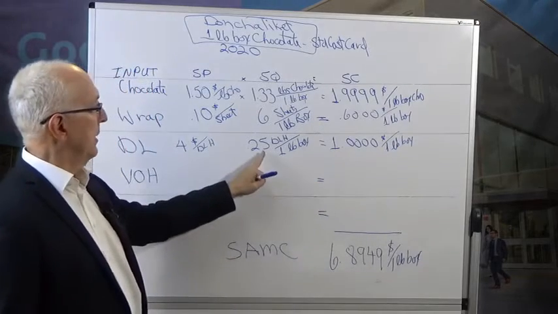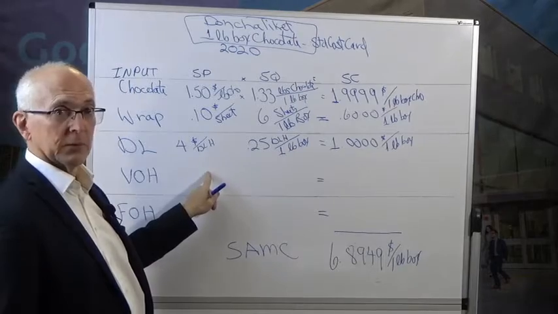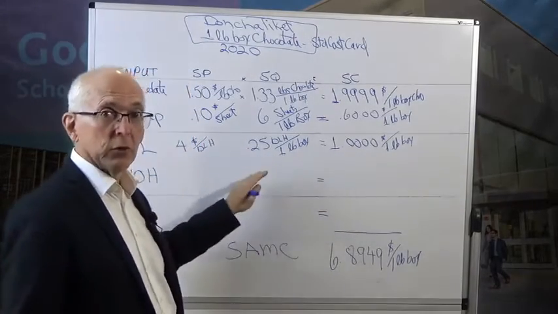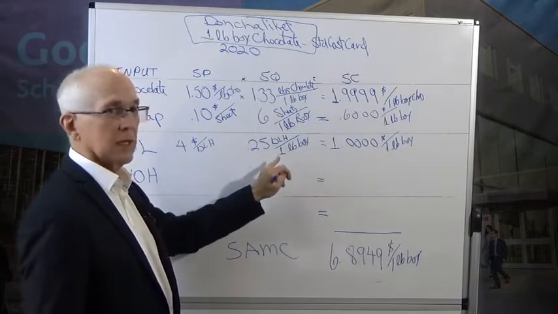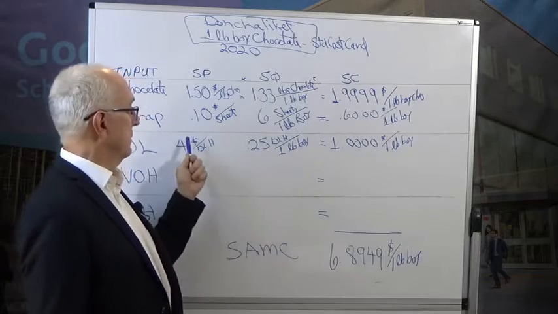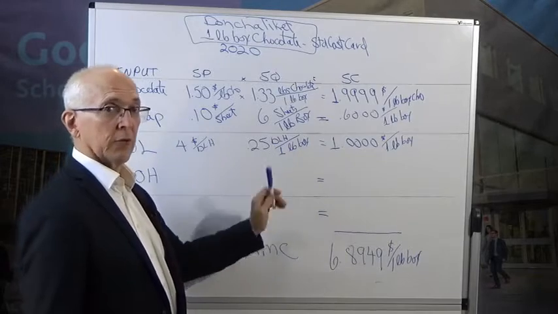Because if you multiply minutes per 1 pound box times dollars per direct labor hour, you're not going to get this. And hopefully you notice that, because when you write the units down, you'll say, oh, wait a minute, I can't cancel this. You're going to have to go back and change one of the two, either this to dollars per direct labor minute, or change this to direct labor hours per minute.